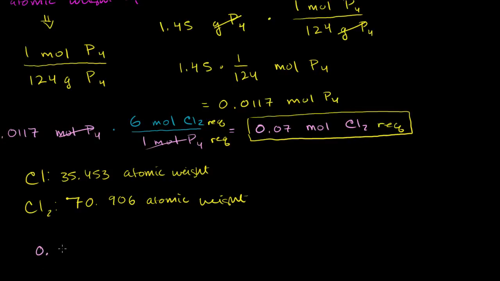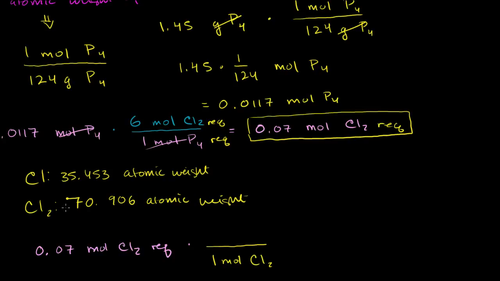We are required to have 0.07 moles of chlorine gas. That is what is required. And let's multiply it. We want moles in the denominator. So 1 mole of chlorine gas. For every mole, what's the mass going to be?